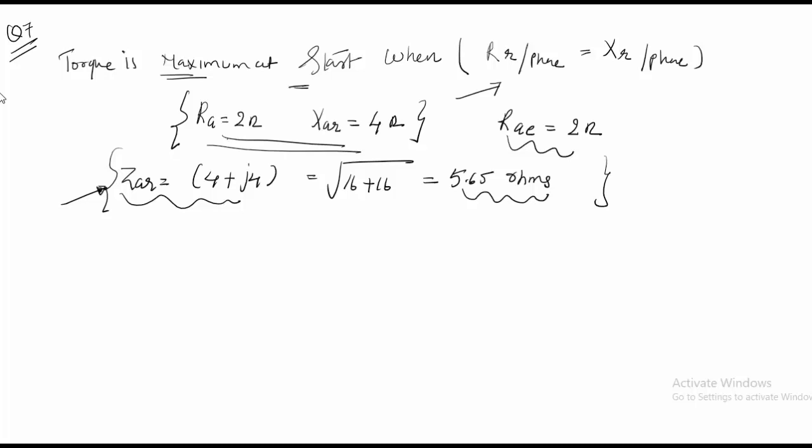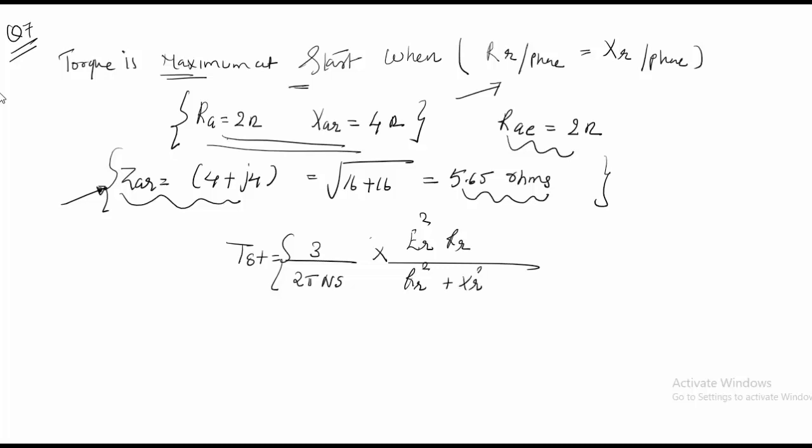So the equation of the starting torque can be given as 3 divided by 2 pi ns. So this is for considering all the phases, and you are considering that you are having identical phases. So whatever values are valid for one phase, they are also valid for the other phases, into E2 square, which is the rotor voltage square, into R2 divided by R2 square plus X2 square. So if you're considering phase A, you can take the phase A values here.